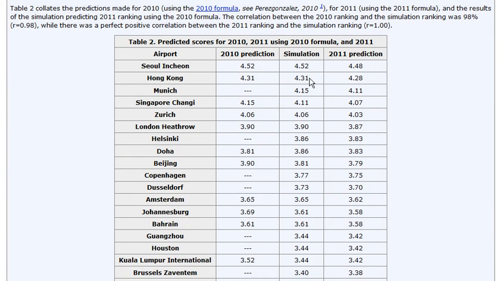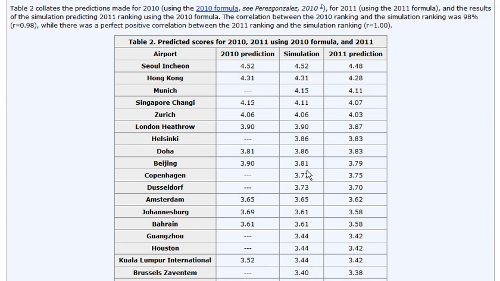And the simulation is using data from 2011 but applying the old formula. Now the correlation between using the old formula and using the new formula on the data is a perfect correlation, which supports the idea that we could have predicted the 2011 hierarchy by using that past formula.